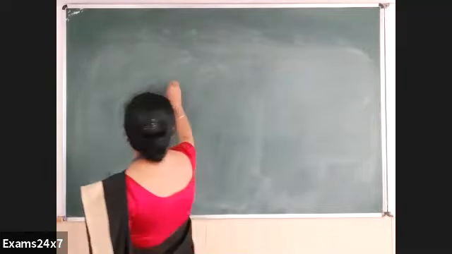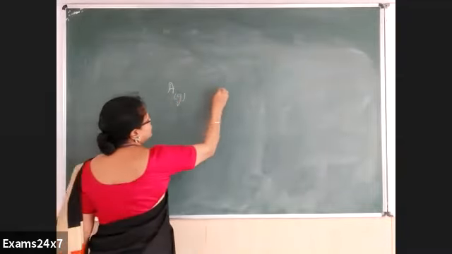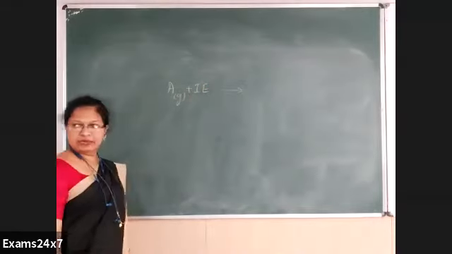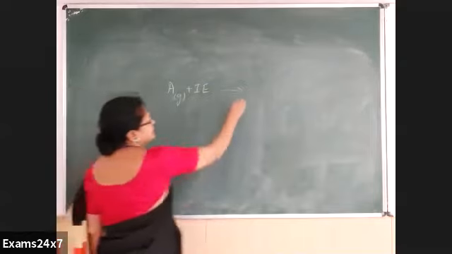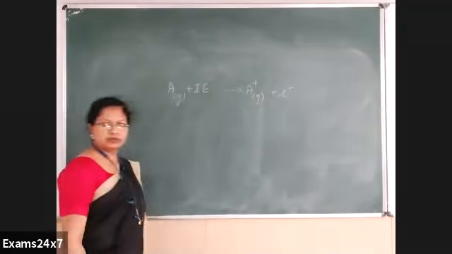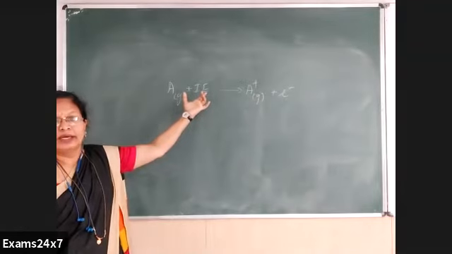What is ionization potential? How do you define ionization potential? Consider an isolated gaseous neutral atom from which you remove an electron, which requires a certain amount of energy called ionization enthalpy. It makes A into A plus in the gaseous state by removal of an electron.